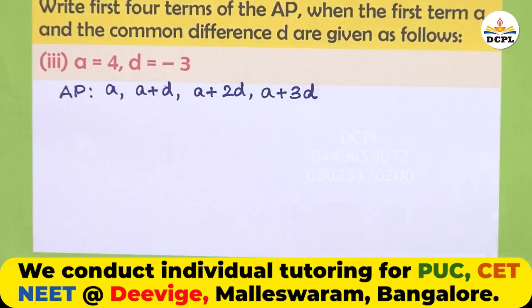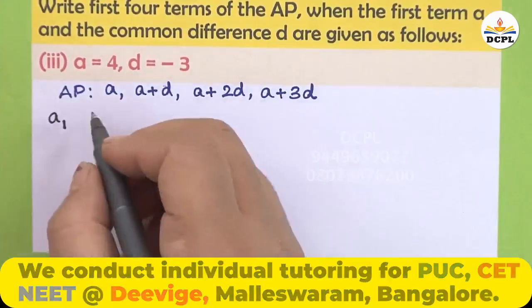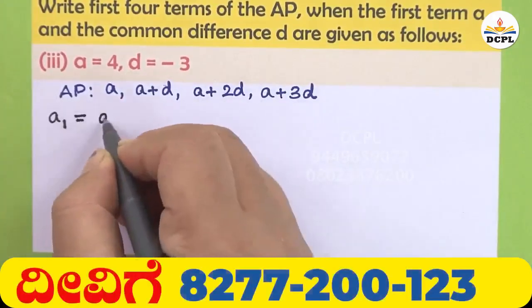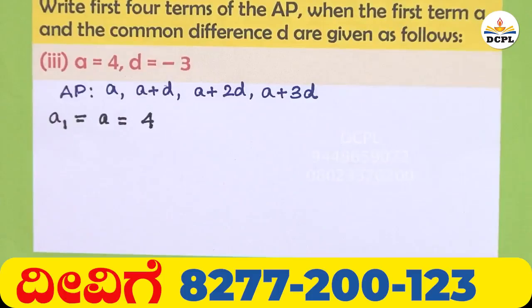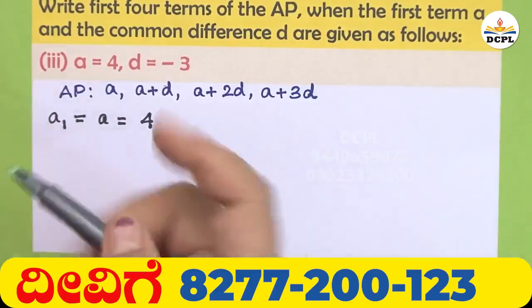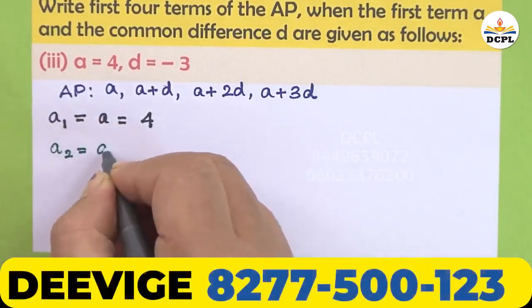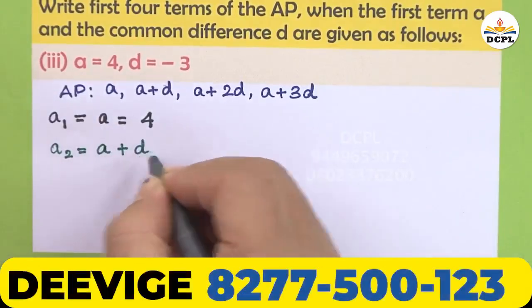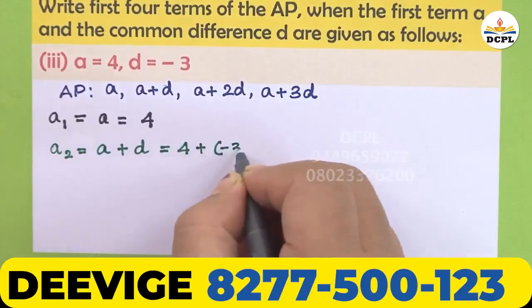So we will proceed by finding A1, the first term of this arithmetic progression, by A. So A value is 4. So how do we proceed for A2? The second term is given by A plus D. So A is 4 plus of minus 3.